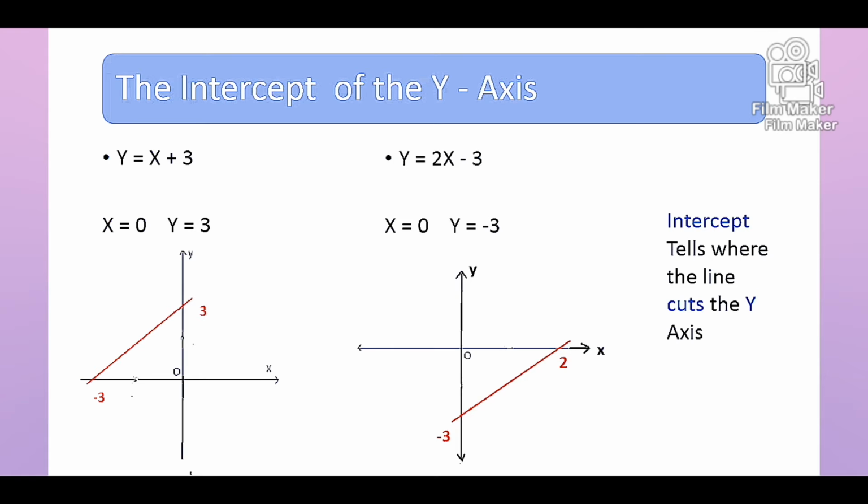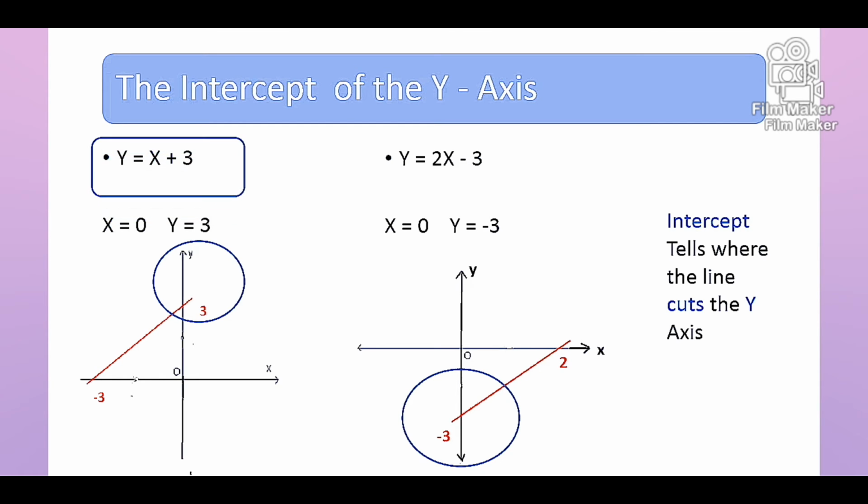And you can say the intercept tells where the line cuts the y-axis. So where the line cuts the y-axis in the first graph, it is at 3, and in the second graph, it is at minus 3. So we'll move to the equation now. First equation is y equals x plus 3. It is plus 3. And in the second equation, it is y equals 2x minus 3. It is minus 3.